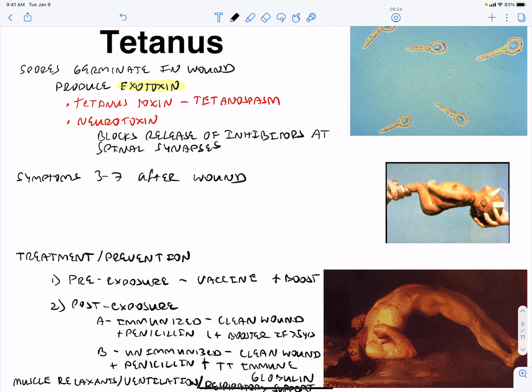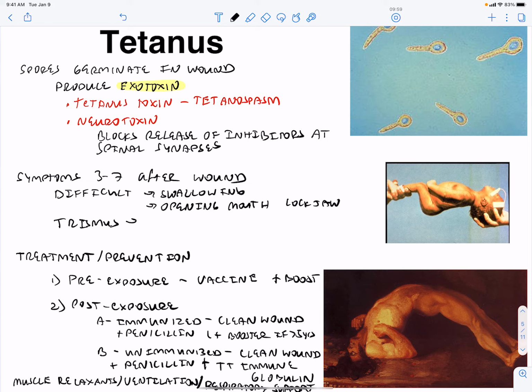And then you're going to get difficulty swallowing. Difficulty opening the mouth. So you have a lockjaw. You also are going to have trismus. And this is basically spasm.